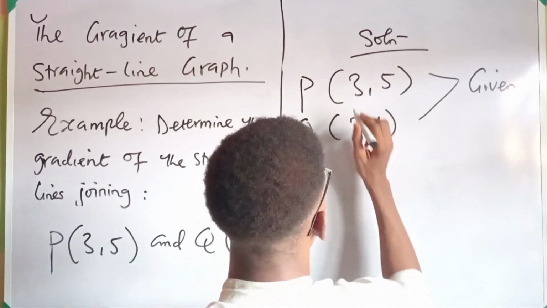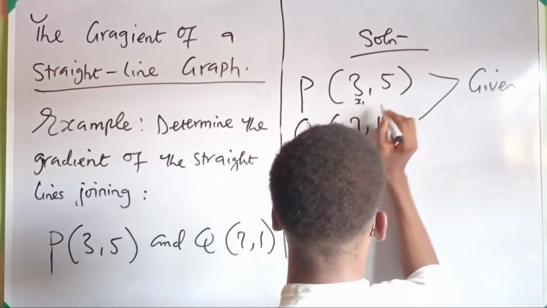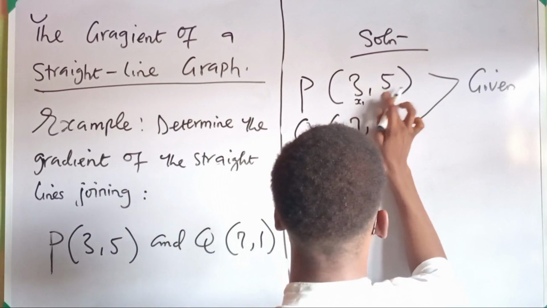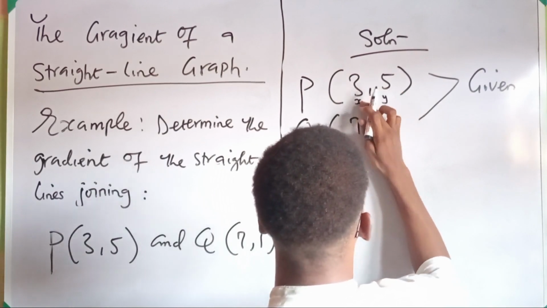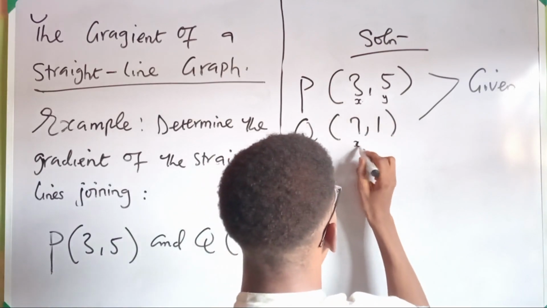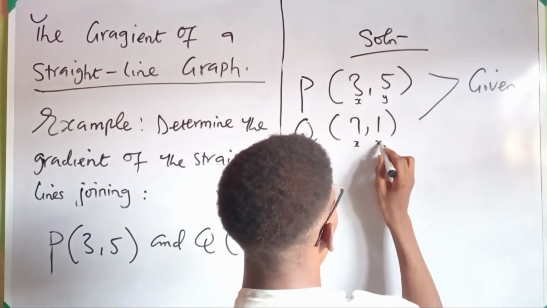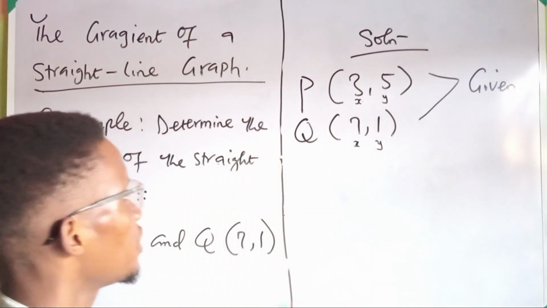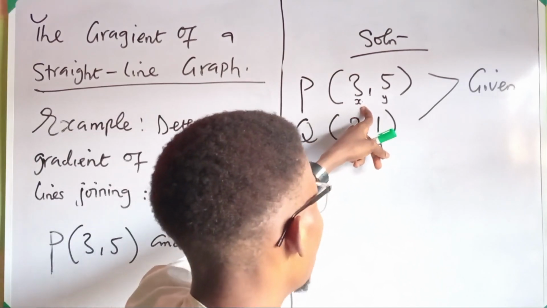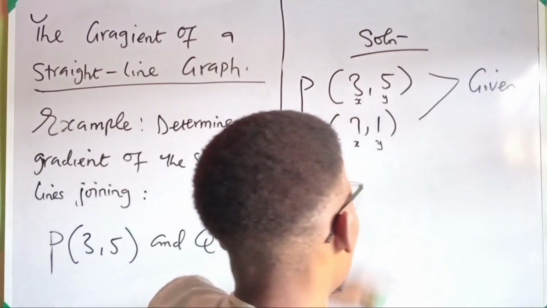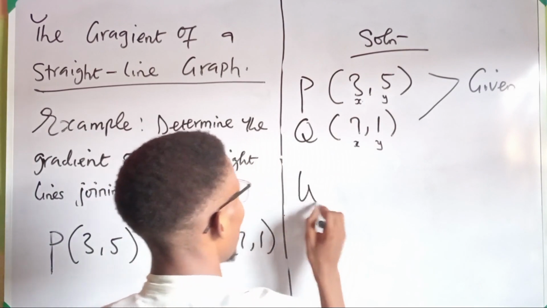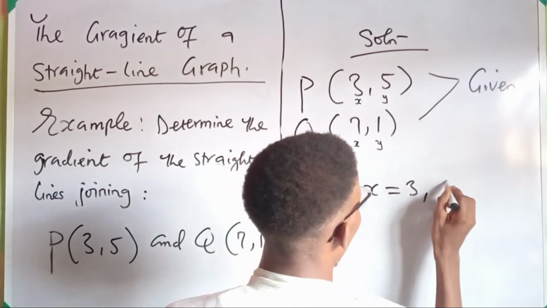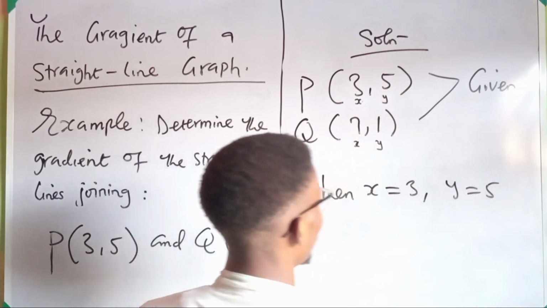Now, let this be S and this will be Y. That's how you do it. So this is the S axis and this is the Y axis. Now you can say when S equals 3, Y equals 5.